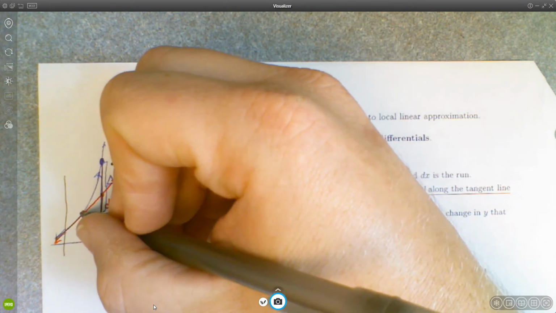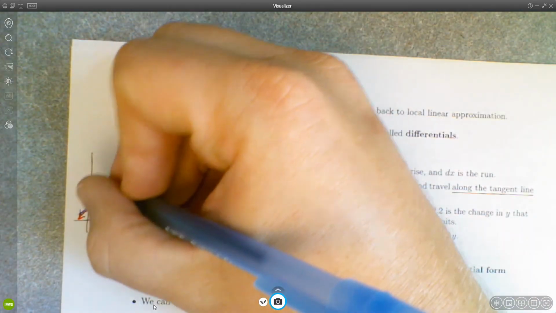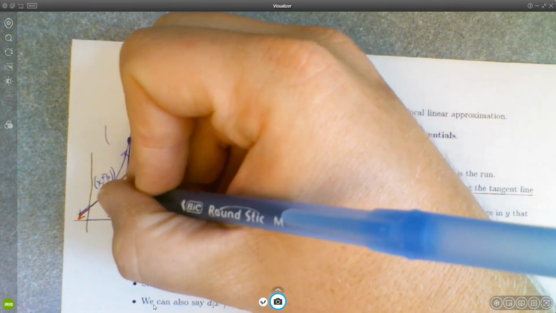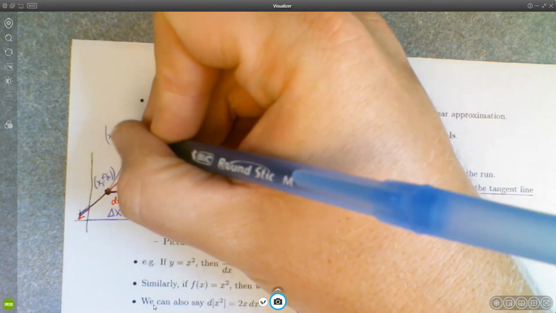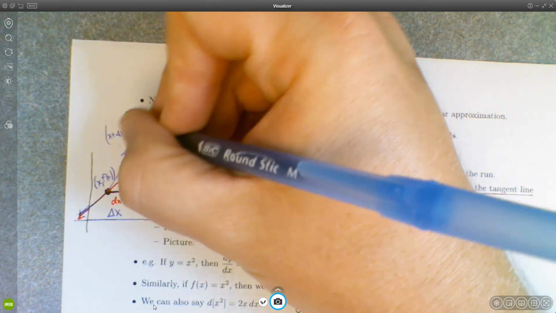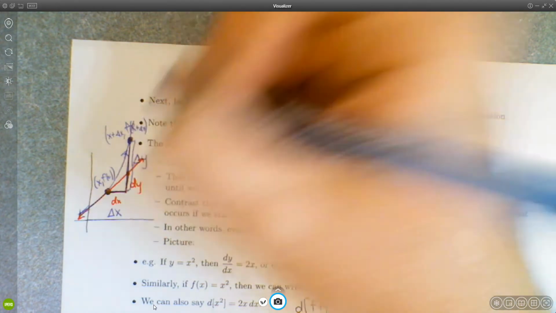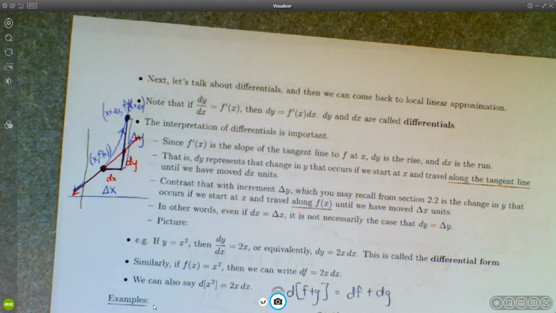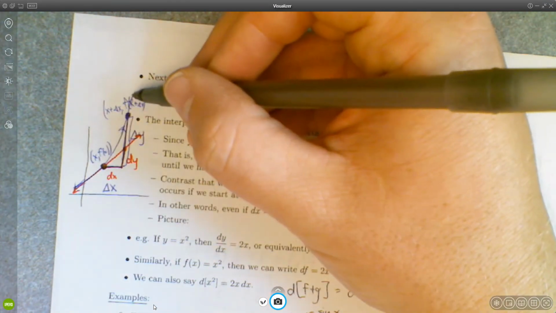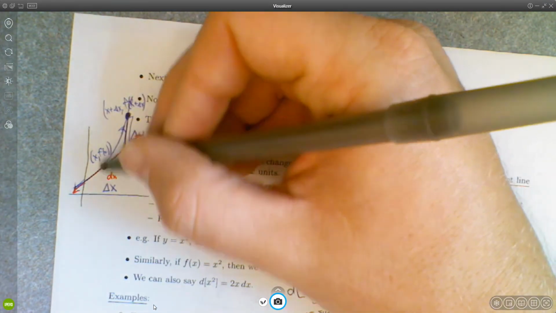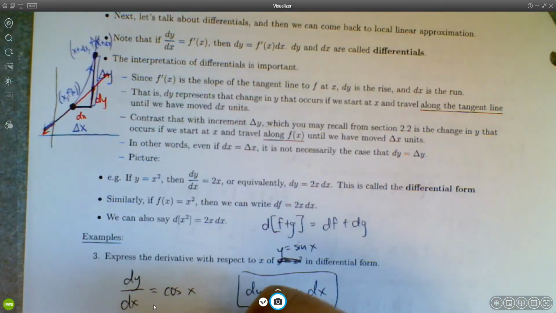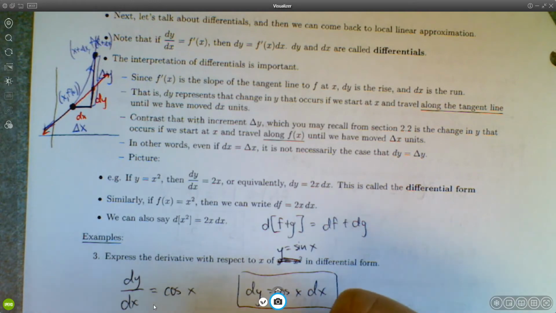So this is the point x, f of x, and this point right here would be x plus delta x, and then f of x plus delta x. Okay, so if we wanted to figure out delta y, the change in y, well, it would just be f of x plus delta x minus f of x, right? That would be the change in y.